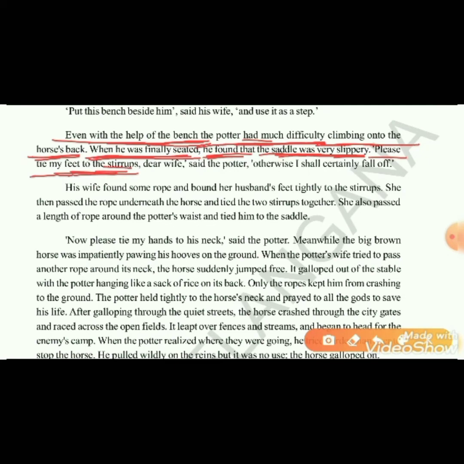That's why he is requesting his wife to do something. What is that? To tie his feet to the stirrups, to the kind of ropes that are there on the saddle of the horse.